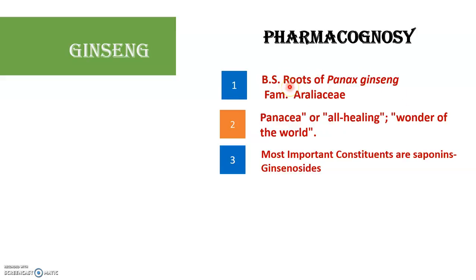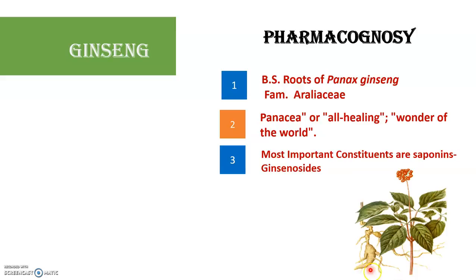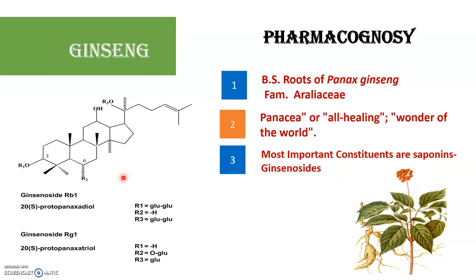These belong to the roots of Panax ginseng family Araliaceae, and the most important constituent is the ginsenosides, which belongs to the saponin class or precisely the damarine type of triterpenoidal saponins.